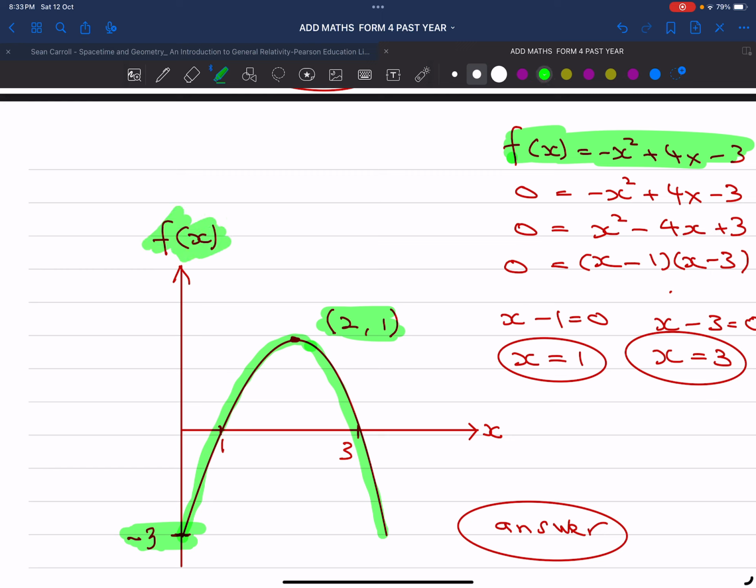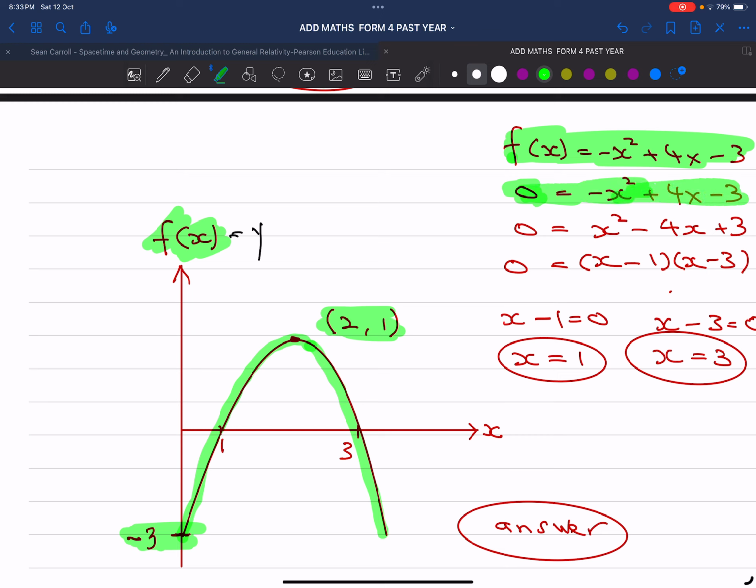I repeat, on the x-axis, the f(x), which is actually y, must be 0. So therefore, this f(x), I replace with 0. So I have 0 equals negative x squared plus 4x minus 3.